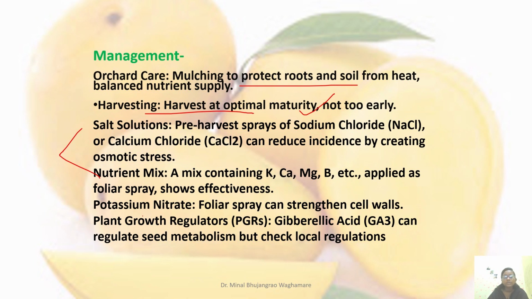Potassium nitrate can also be used as a foliar spray, which strengthens the cell wall, because deficiency of potassium, calcium and magnesium leads to spongy tissue. Another management option is a plant growth regulator such as gibberellic acid, which can regulate seed metabolism, but check the local regulations. So this is all about the management practices that can be followed for spongy tissue.